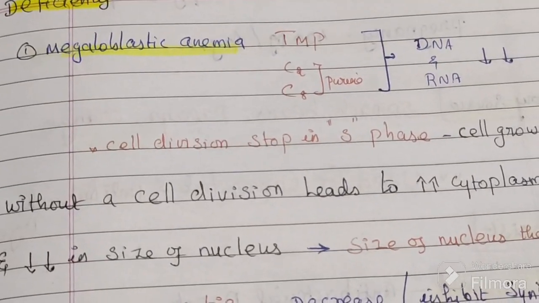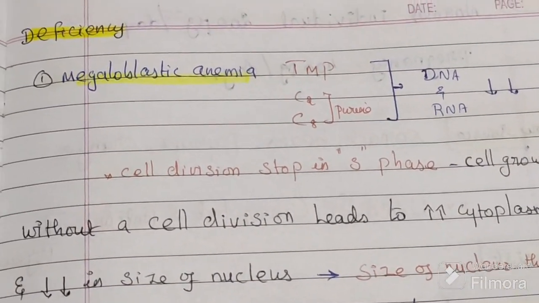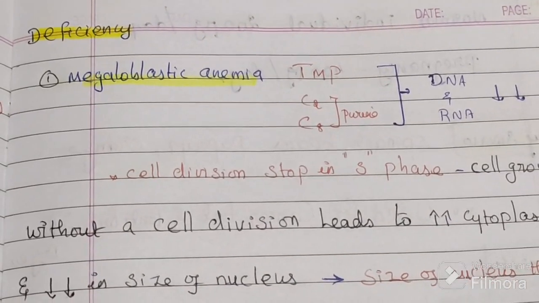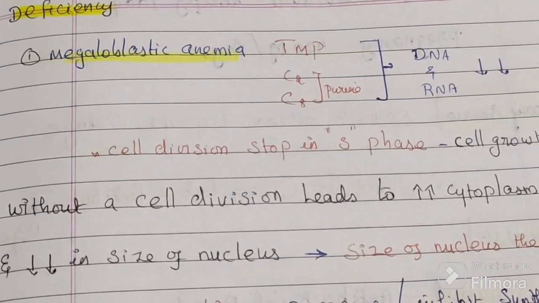This way it is responsible for synthesis of DNA and RNA, nucleic acid synthesis. So folic acid is essential for nucleic acid synthesis.